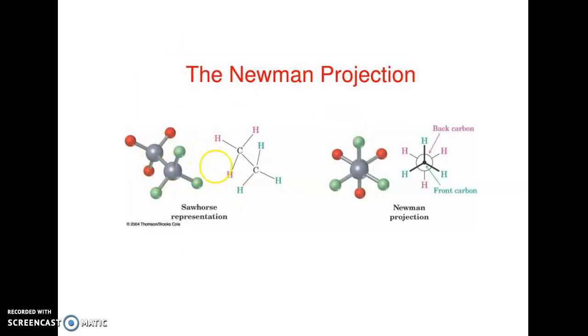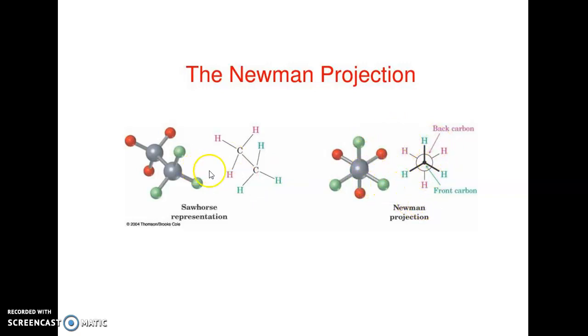See, this is the sawhorse representation of the eclipsed form of ethane. This is the Newman projection of the staggered form. Sorry, this is the sawhorse representation of the staggered form. This is the Newman projection of the staggered form.